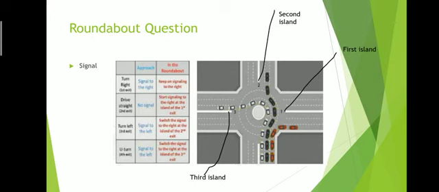Okay, you will always give indicator in the island before to approach the next exit. Third exit, second island. Fourth exit, third island. Remember this. Second exit, first island. Okay, so you'll give right indicator at that island, and then you exit the roundabout.